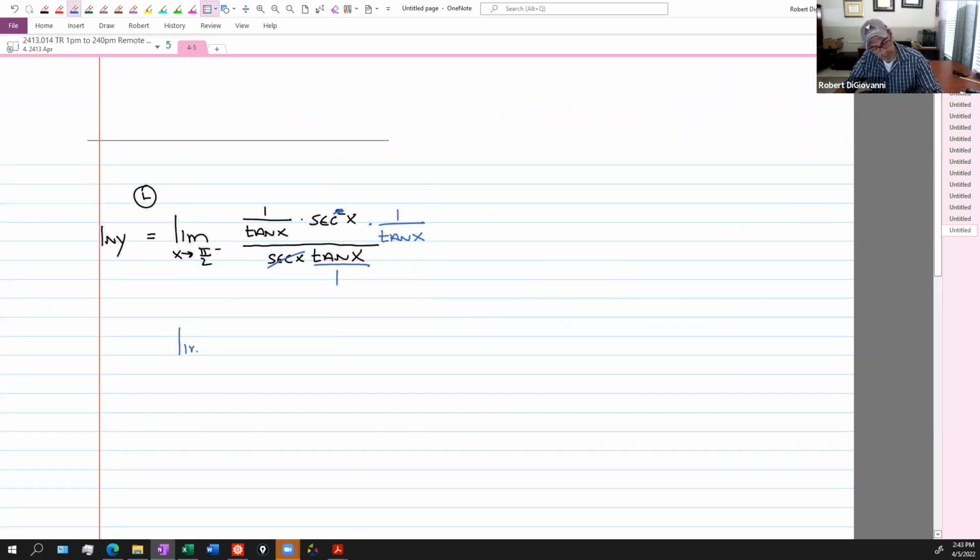So I've got limit x approaches pi over 2 from the left. Okay, what do I have here? I still have a secant on top, and I have 2 tangents together. So I have secant x over tangent squared x. I think I'd like to get that in terms of sine and cosine.